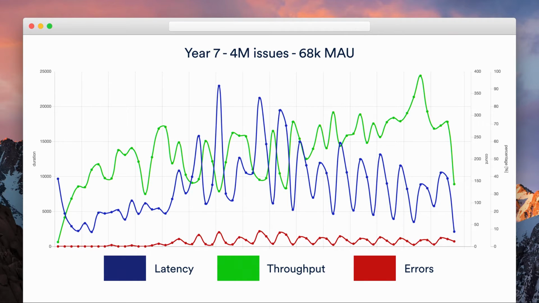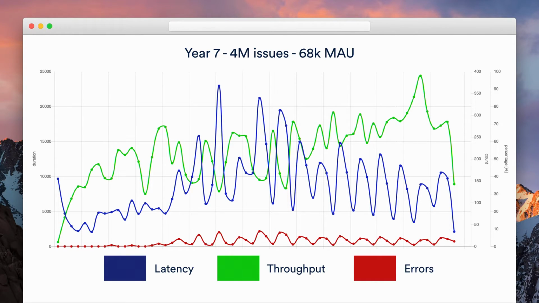7 years into the simulation, we are at 4 million issues and around 68,000 users, and the performance looks really bad. The errors start popping up, and they oscillate at around 5%. That means an action fails once every 20 interactions, which already is probably totally unacceptable for most users.